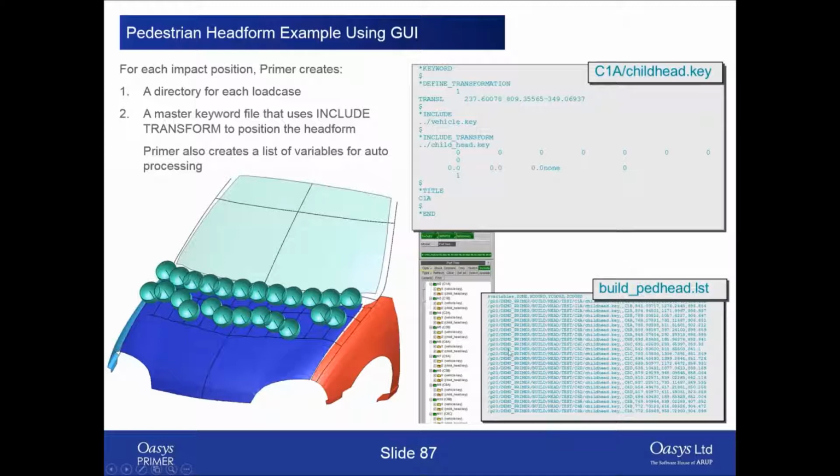You also get this list file, which can be used to submit all the analyses into the Oasys shell to run them in LS-DYNA, or to post-process them all automatically by reading this list into Oasys Reporter.